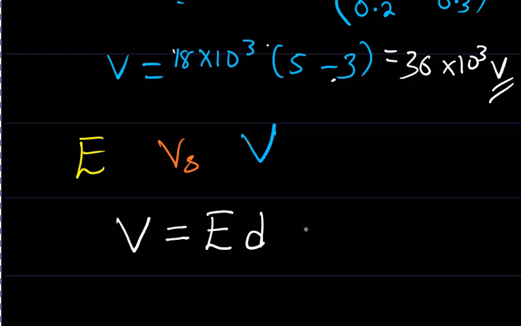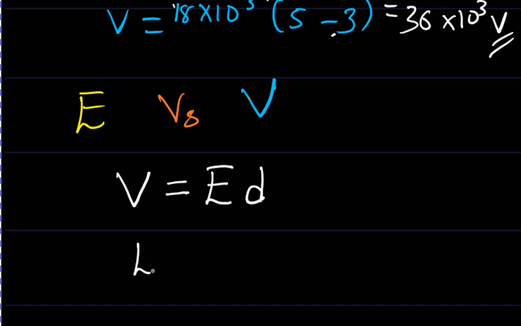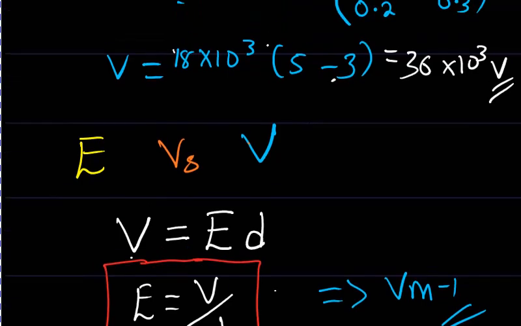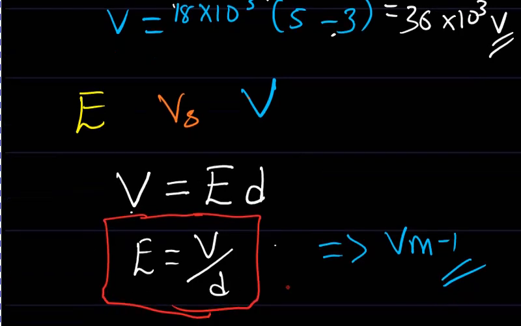Don't forget this formula. That is why the unit of electric field, volt per meter, came about. Electric field is equal to electric potential divided by distance, which is given as volts per meter. That is where the derived unit came about. So please take note of this. This is really very important.